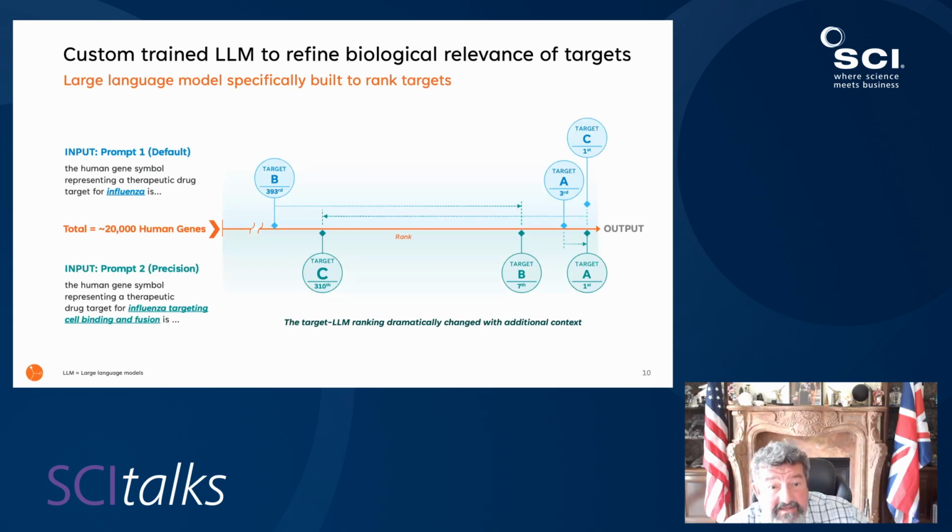So here's an example of how prompt tuning can increase or change the output of some of our methods. Where you add additional context, so domain-specific training and domain-specific knowledge and target functions or target requirements in the query, you can really modulate the ranking or the likelihood of these targets being successful.